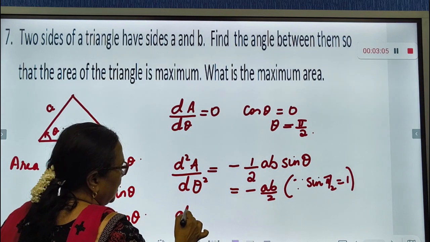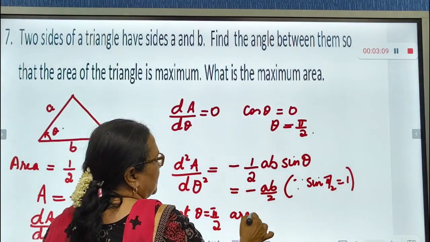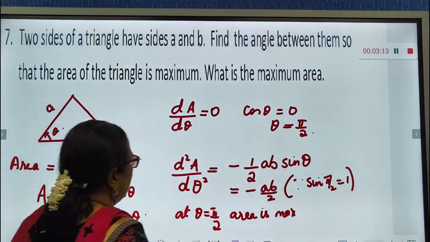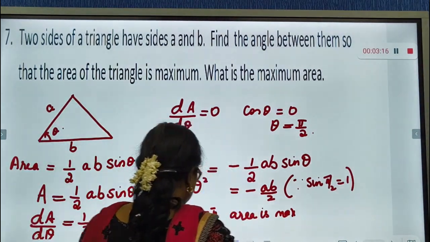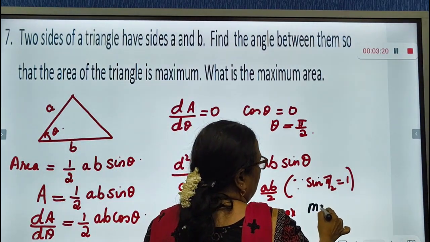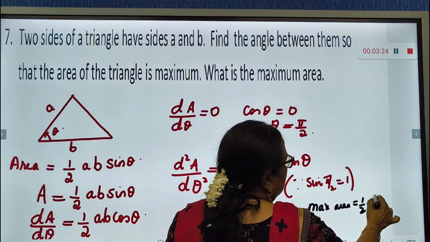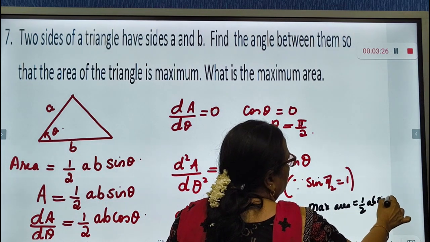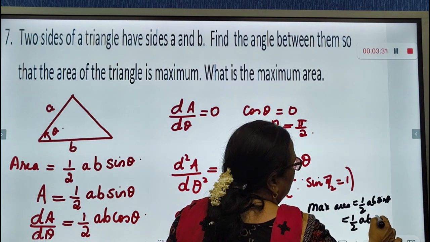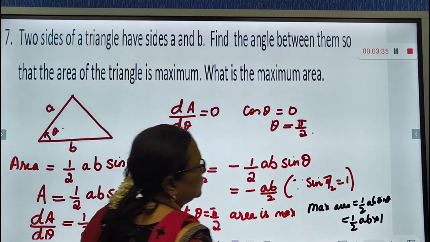So at theta equal to pi by 2, area is maximum. And what is the maximum area? Maximum area is half AB sin theta, which is half AB, theta is pi by 2, into 1, as sin pi by 2 equals 1.